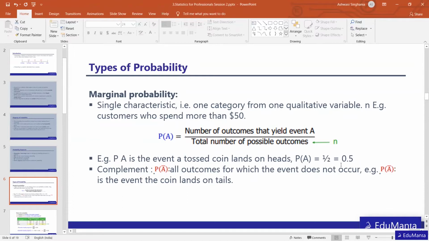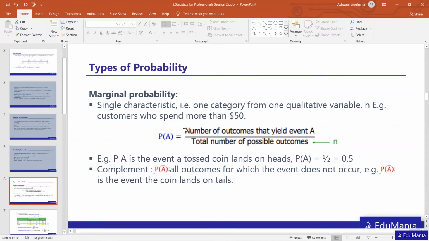So the probability is 0.5, that is 50% probability that head will come up, and another 50 is the complement of that particular event A. So event A here is that when a coin is tossed, head will come up. So this is the probability of complement A. We can calculate it by 1 minus 0.5, so we will get 0.5 in that case.